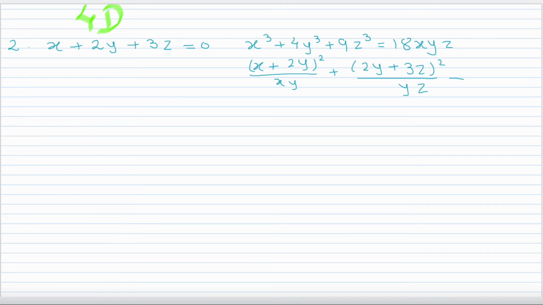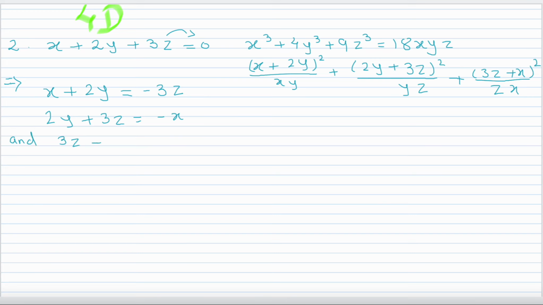Now what we have to do, I'm going to shift this 3z to this side, so that would become minus 3z. Then in the next step, 2y plus 3z is equal to minus x, and in the third step you can shift this 2y.